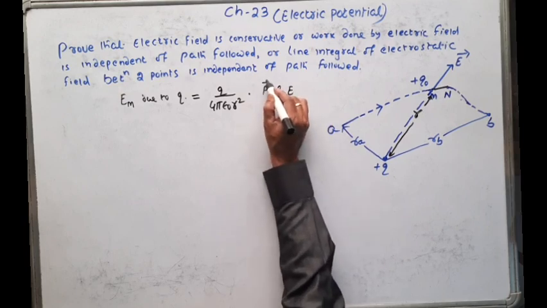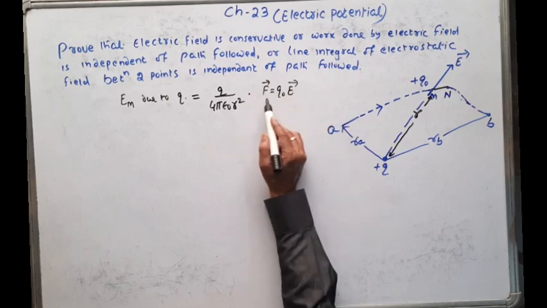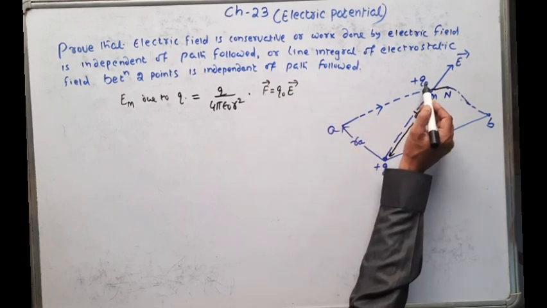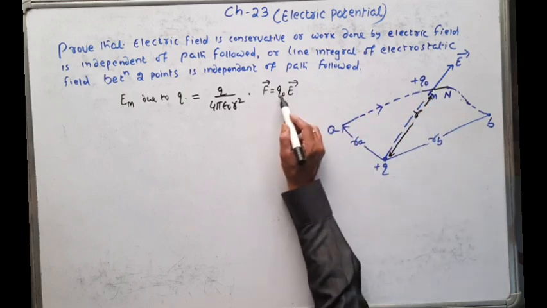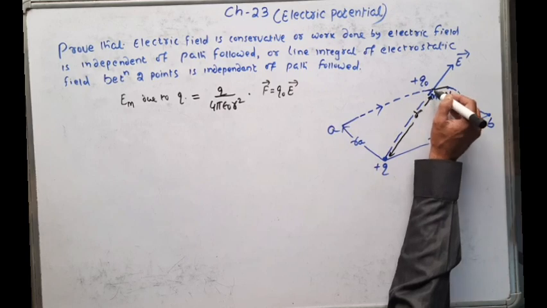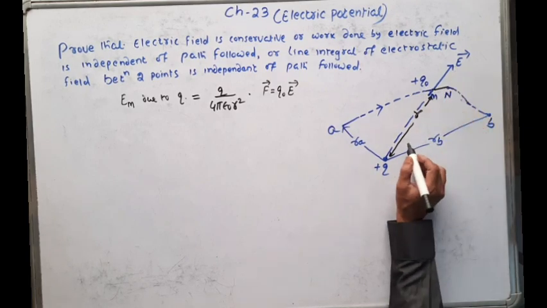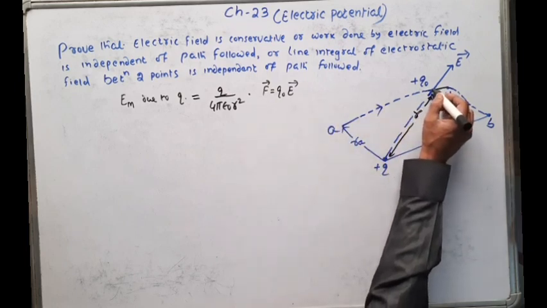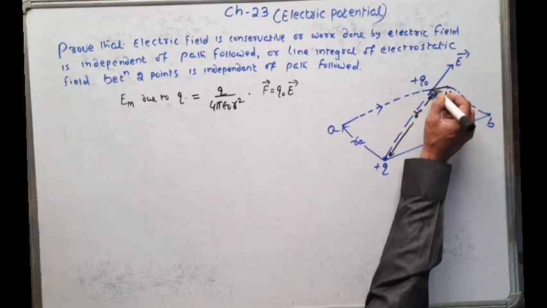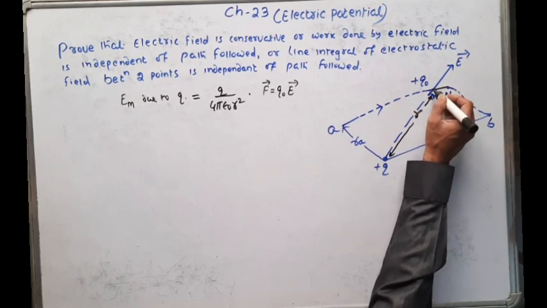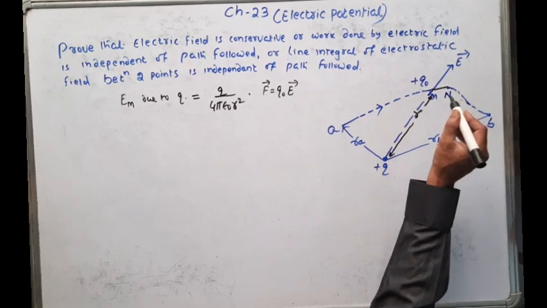And what is the direction of the force? The direction of the force is the same as the direction of electric field, because this charge q naught is the positive test charge. So the positive charge q naught will try to move along the direction of electric field with some acceleration, because force is exerting on it.